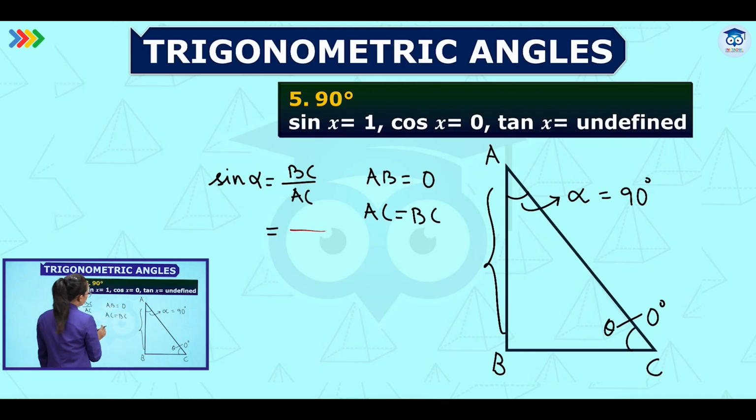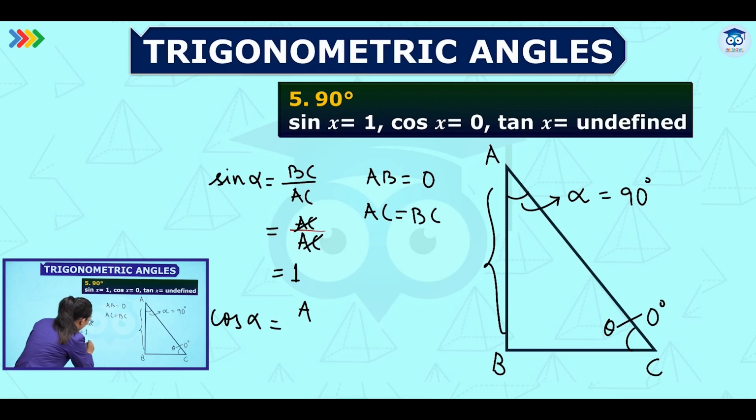BC and AC are both equal, so we can cancel them and we have 1. So sine alpha, that means sine 90, is 1. Similarly, we can define cos alpha, that is adjacent, AB upon AC. Since AB is 0, it will be 0.